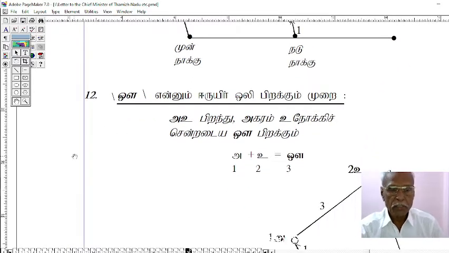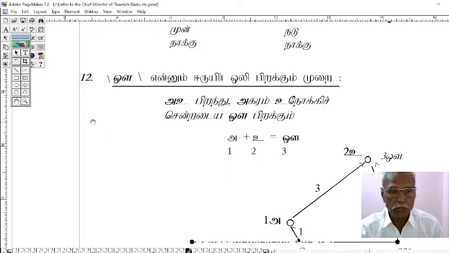Now let us see how the diphthong au is formed.